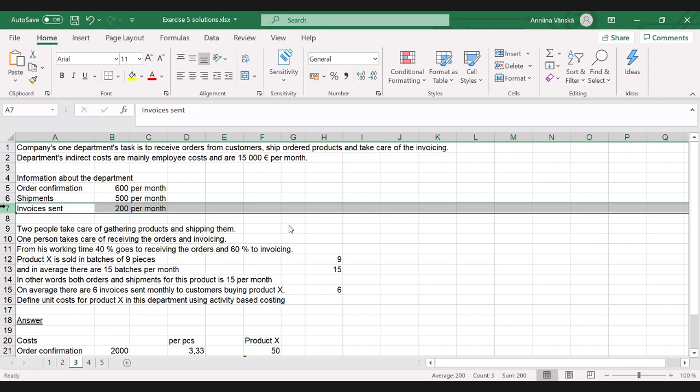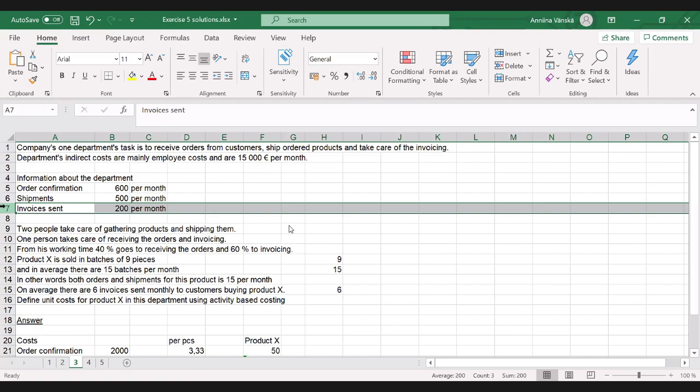Because we only know that it's 60% of 1 person's work time. We don't know how much that is of the total working time of the department, and therefore we need to first calculate the cost per 1 person.